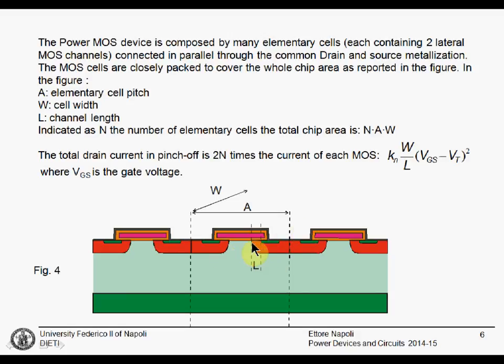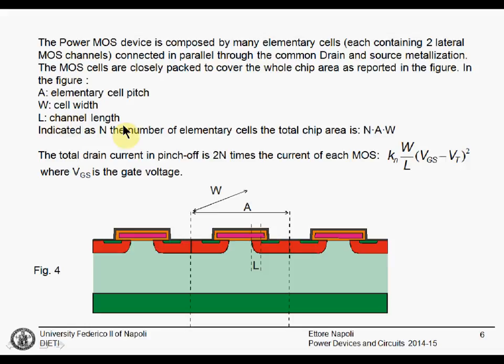Then we have W, that is the cell width, the extension in the third dimension of the MOSFET. And finally, there is L, that is the channel length. Please note that now the channel length is this region, but still the drain is very far away from the source. This means that we are decoupling the current capability from the voltage capability.